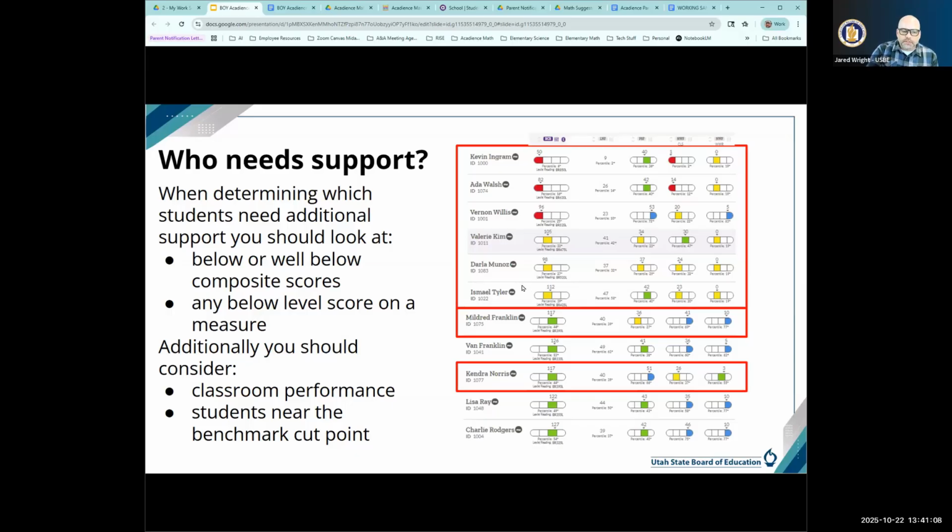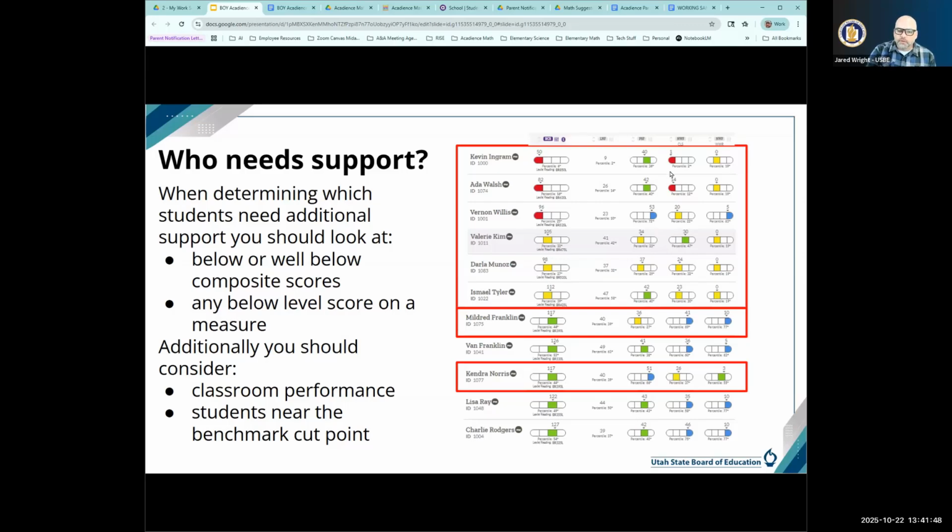But we also want to pay attention to, as we move to our right, students who may be at benchmark, and maybe barely at benchmark, but on some of those particular measures that we tested them on, they are below or well below. As far as the students up here, we look at composite score, okay, we know they're going to need some support. But as I look at the measure level, I can see that some of the students, even though they're below or well below, seem to be at benchmark with some of the measures.